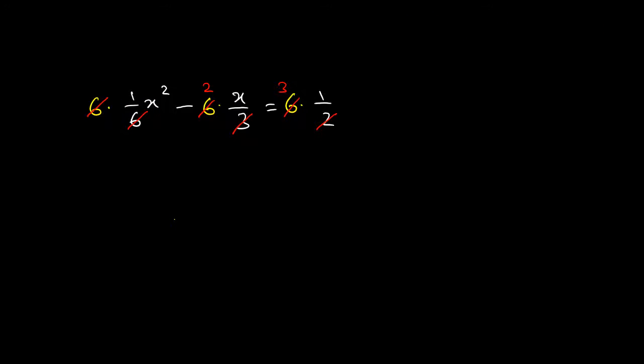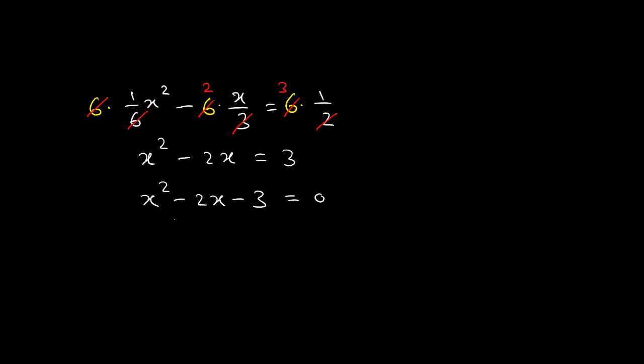Then we get the equation: x squared, then negative 2x, and then 3. Now we're going to bring everything to one side. So this is x squared minus 2x minus 3 equals 0.